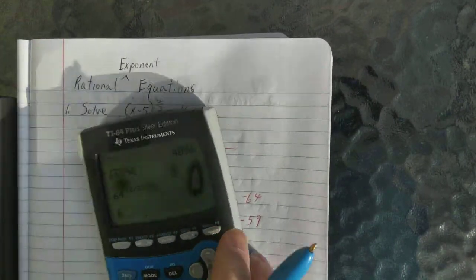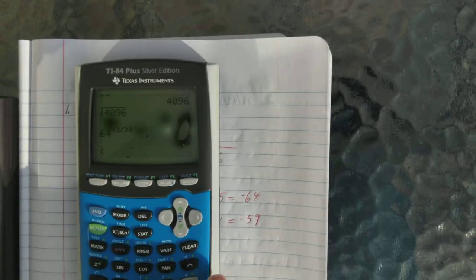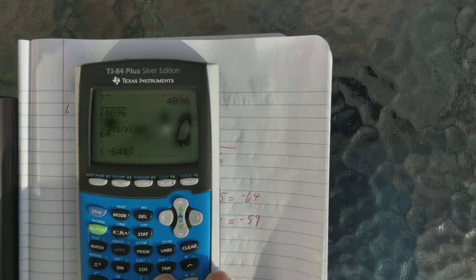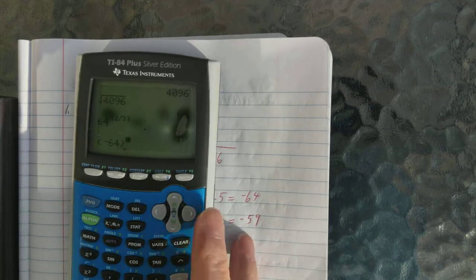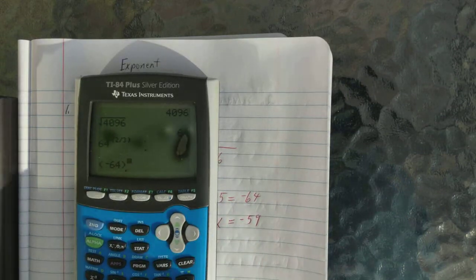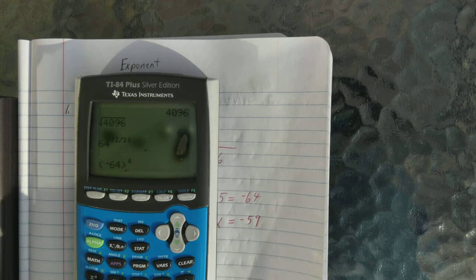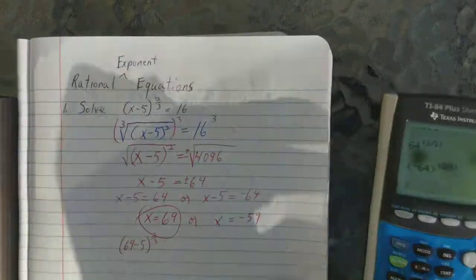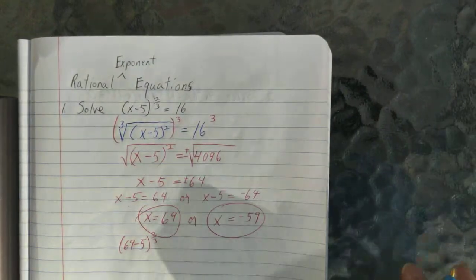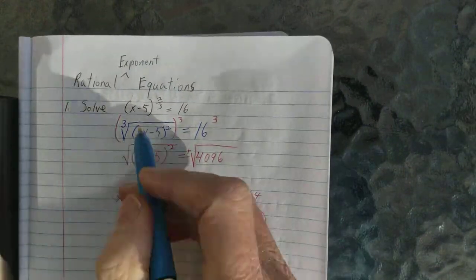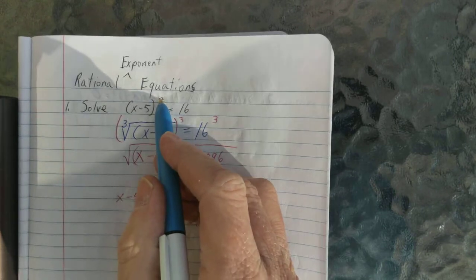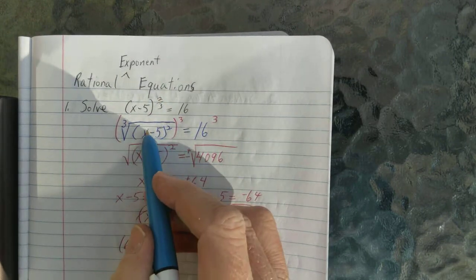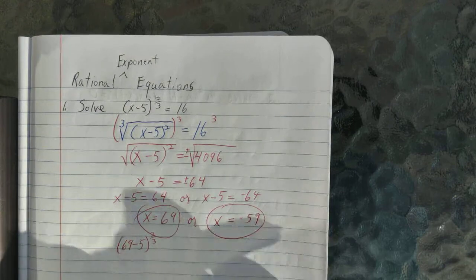And then negative 64 to the 2/3 power. I wonder if that works. So I need negative 64 in parentheses, and then to the power of 2 divided by 3, in parentheses. And that is also 16. So they both work. So I took the rational exponent, rewrote it as a radical, and then we just did some of the things that we had just worked on.